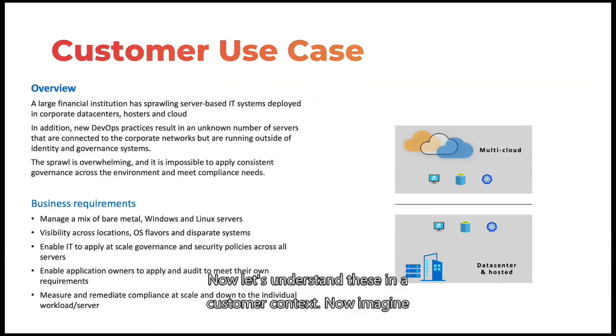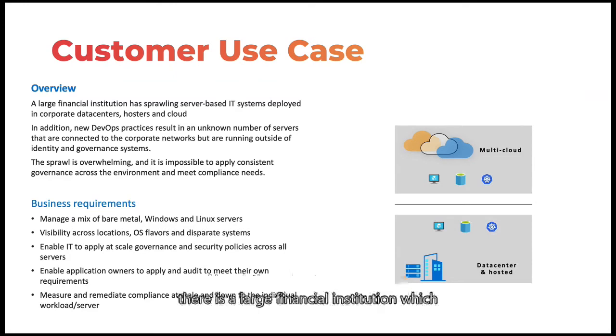Now, let's understand this in a customer context. Imagine there is a large financial institution experiencing both VM sprawl and cluster sprawl. But let's focus more on the VMs and servers. They have their infrastructure spanning their data centers, third-party hosters, colo providers, and public cloud.